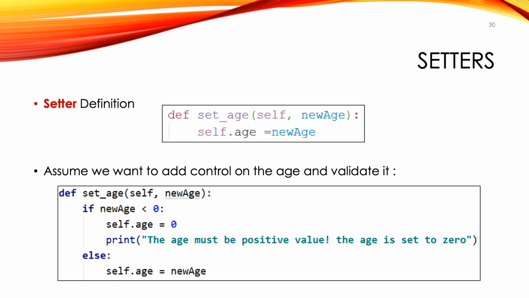So in the second one, I will check if the age sent by the client is less than 0, then I will assign 0 to the age, which is the minimum, or assume 1, whatever assumption you want to make, or for example 18. Then you will print an error message. Otherwise, of course, you'll assign the correct valid age sent by the client to my attribute.